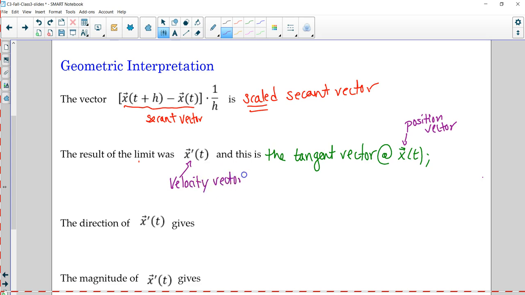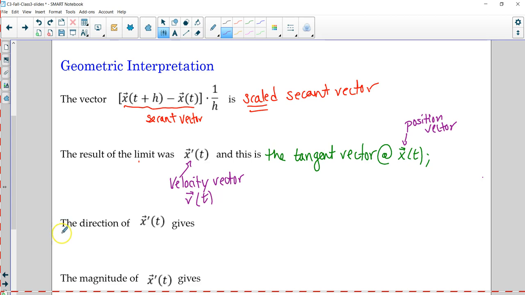Physicists, just because they don't want to write out x prime all the time, it's literally two symbols, they want one symbol instead. They typically use v of t. And if we remember from Calc 1, if we take the derivative of position, we get velocity. If we take the derivative of velocity, there's acceleration. Just foreshadowing some things.